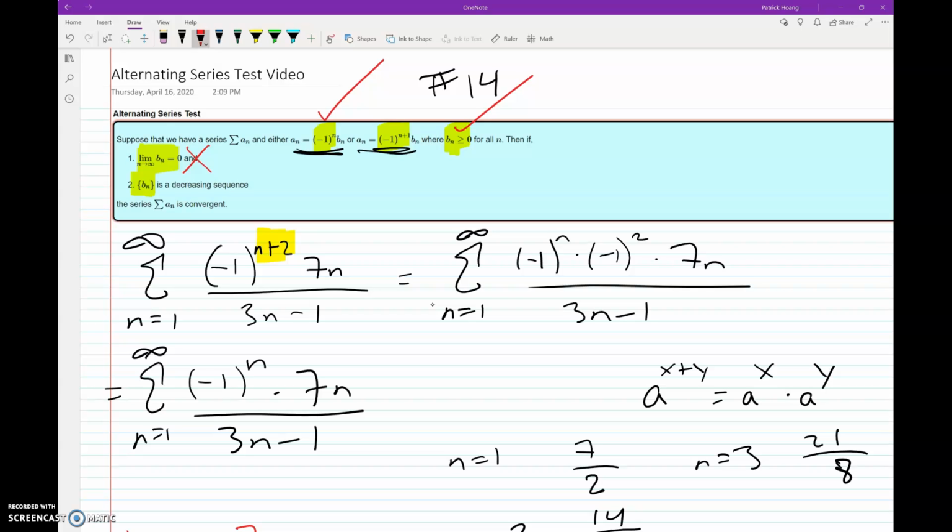But as additional practice, let's check the final condition. Is b sub n a decreasing sequence?